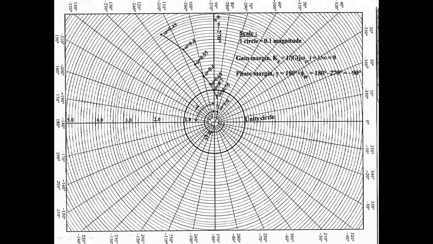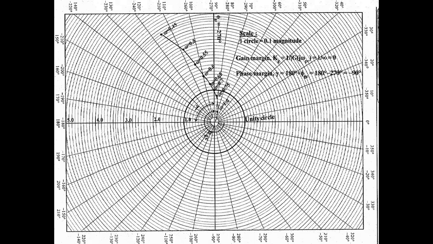One circle represents 0.1, so this is 0.1, 0.2, 0.3, 0.4, 0.5 up to 1. This is the 1 magnitude, then 2, 3. Likewise, we can keep the magnitudes.